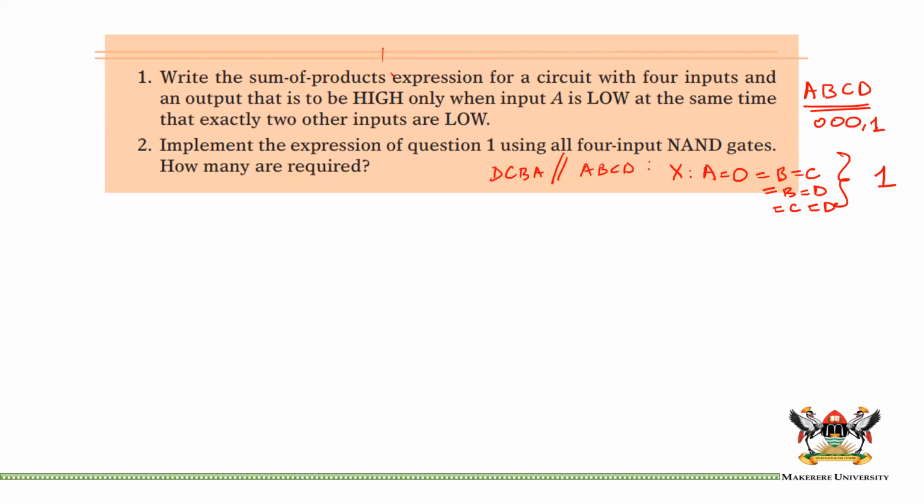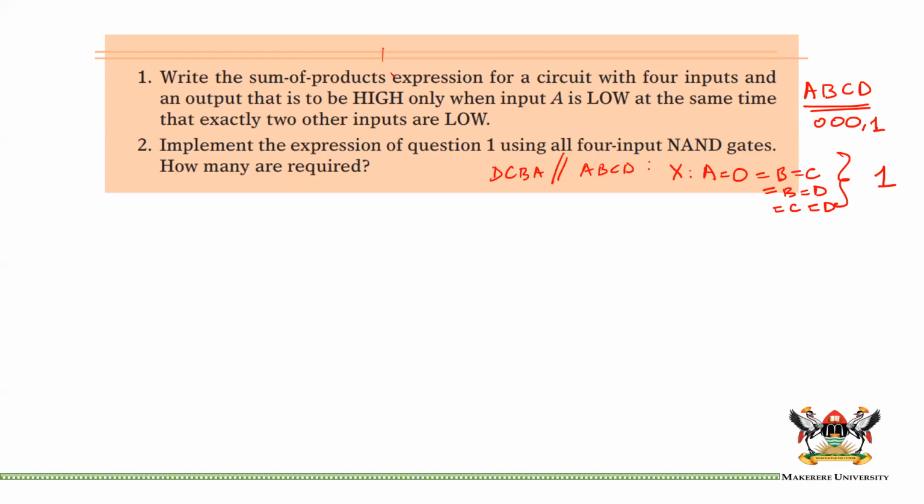Okay, so that is really what the expression is saying, and then you go through the process. For the combinations which give you a high, you create their product forms, and then you do the sum of products, and then you try and simplify.